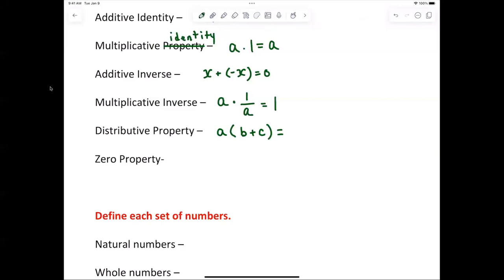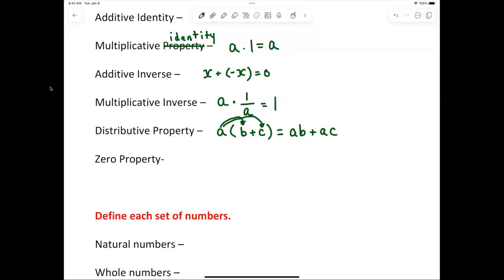So you'd times A times B and then you'd times it by C. That's right. AB plus AC. That's your example of the distributive property. You distribute the A to the B and you distribute the A to the C.